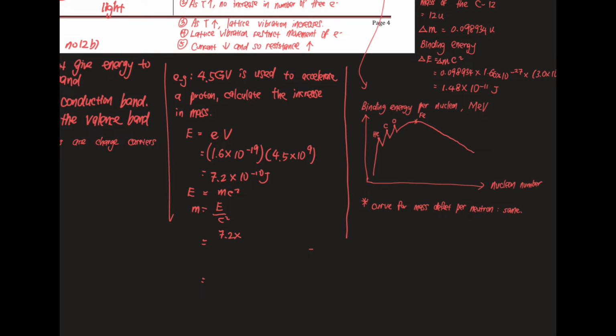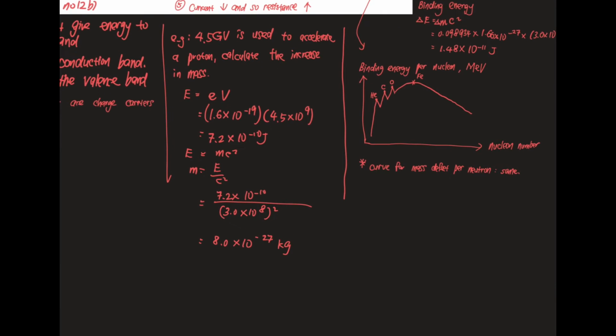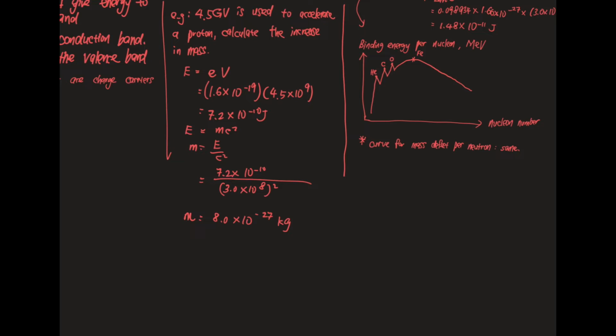So 7.2 times 10 to the power negative 10 over c squared, where c squared is 3.0 times 10 to the power 8 squared. Then you get 8.0 times 10 to the power of negative 27 kg. So this is the mass of the proton. This is the increase in mass.